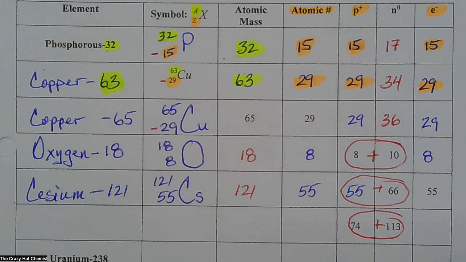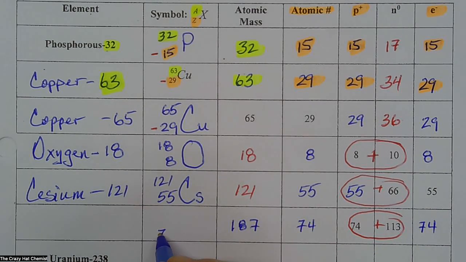Perfect. Okay, we're going to do the next problem here, and I have the protons and the neutrons. I need to sum up these two numbers here, and that's 113 and 74. That will equal 187 for the atomic mass. The number of protons and the number of electrons are going to be the same. The number of protons and the atomic number are the same.